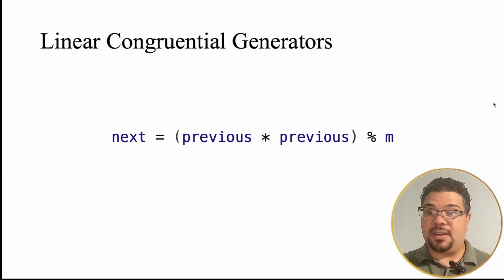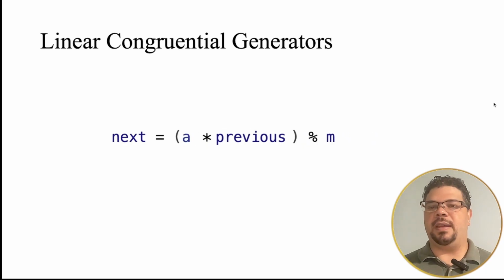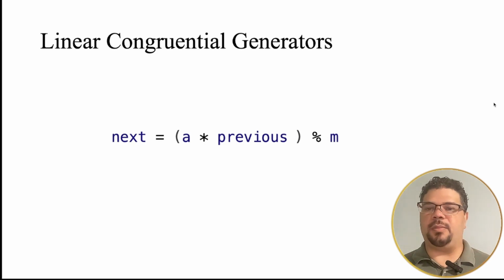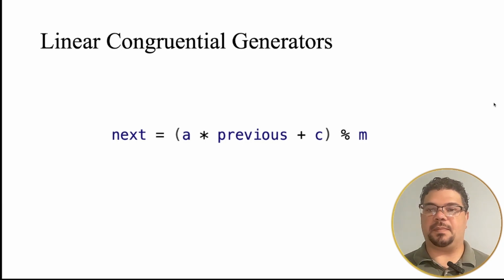So we're not going to take the middle digits, we're going to take the last digits using the modulus operator, and we're not going to square the number, we're going to multiply it by an arbitrary parameter a. So now we have 2 free parameters to play with to design our random number generator, a and m. We're going to add a third term, c, which we add each time before we take the modulus, and you'll see in a minute why this is so important.